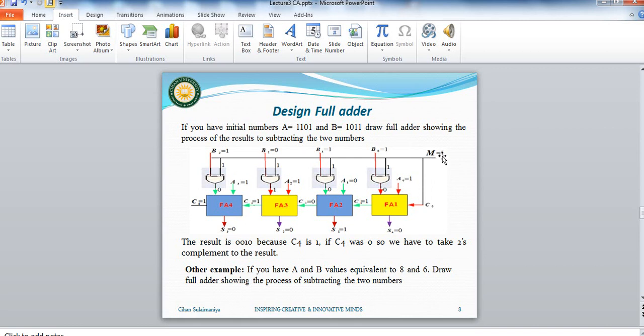This modulator, we are going to fix it on 1. If the modulator is 1, this will be subtraction. Now if the modulator is 0, what will happen? Cn will be 0, okay?